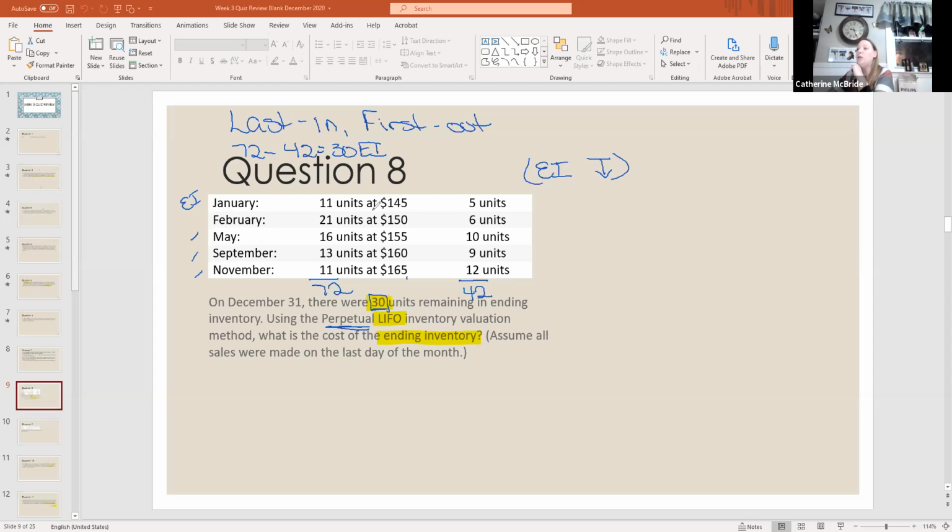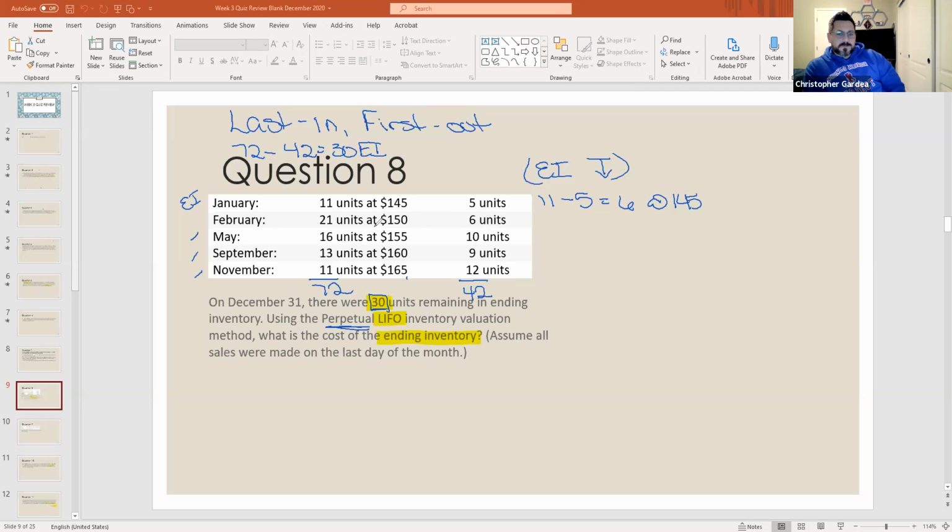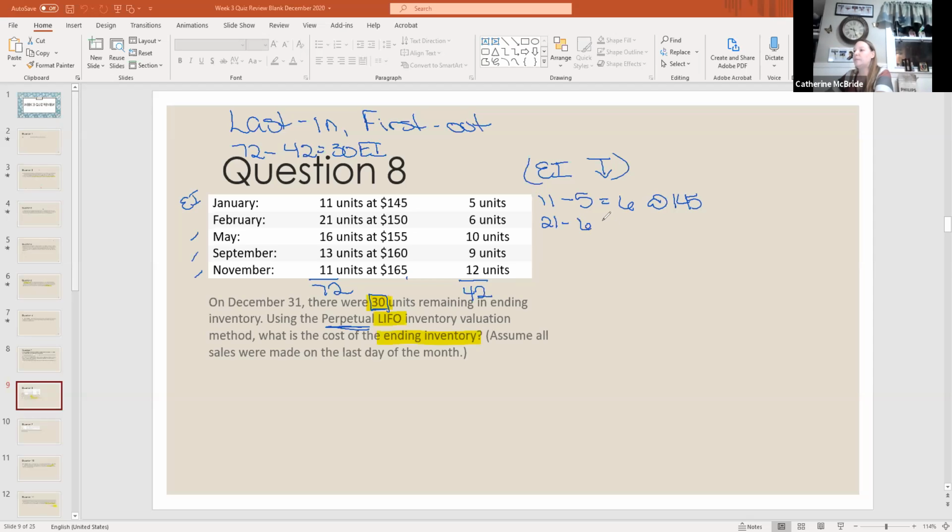All right, so for January, we had 11 units. We sold 5 of them. So that's 6 units at $145 a unit. And then in the second group here, we had 21 units and we sold 6. So that gives me 15 units left at 150.